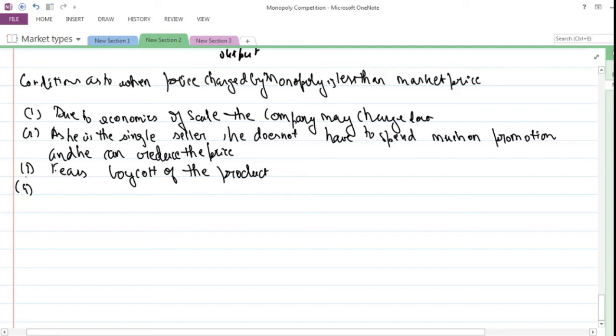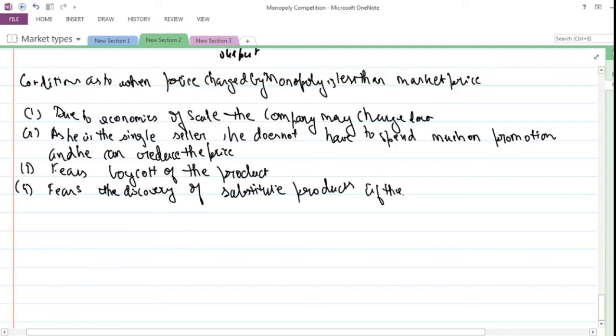Then he also fears the discovery of substitute products if the prices are kept high.